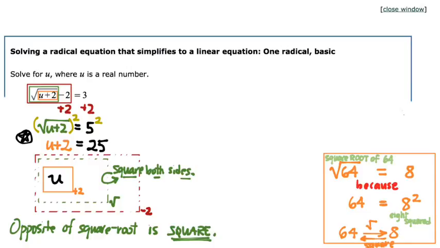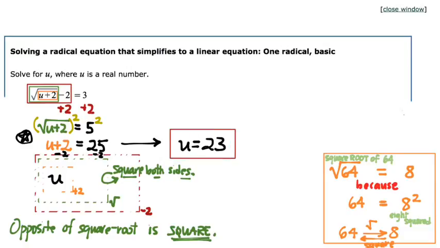To get the u by itself, finally, we just need to undo the addition of 2 by subtracting 2 from both sides. And so what I end up with at the end of this problem is u equals 25 minus 2. u equals 23. So there's the solution to this equation.